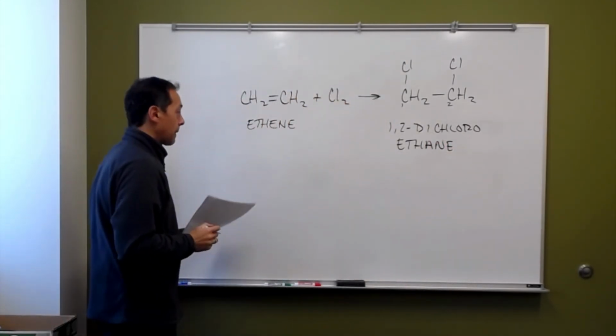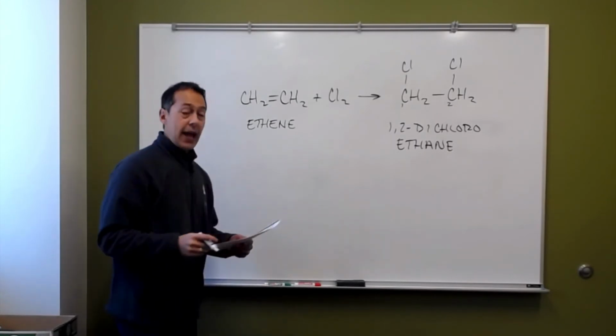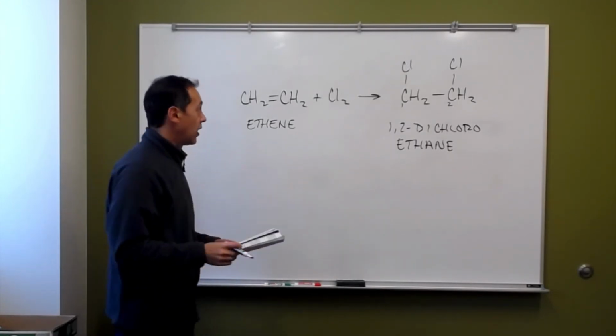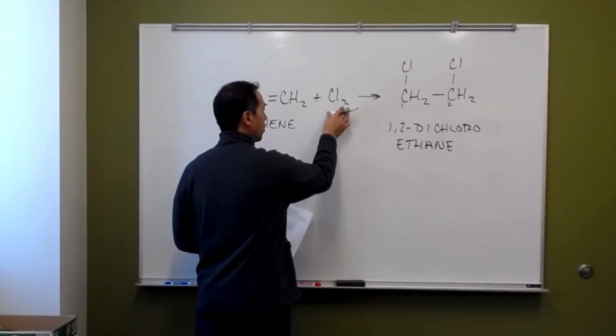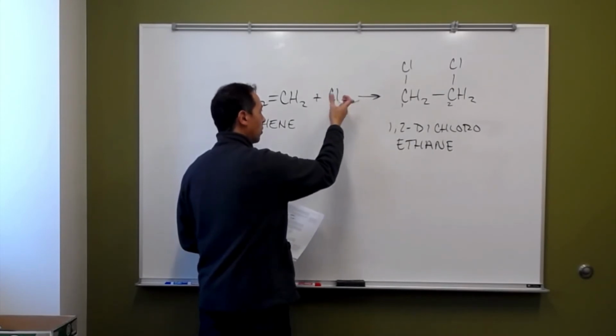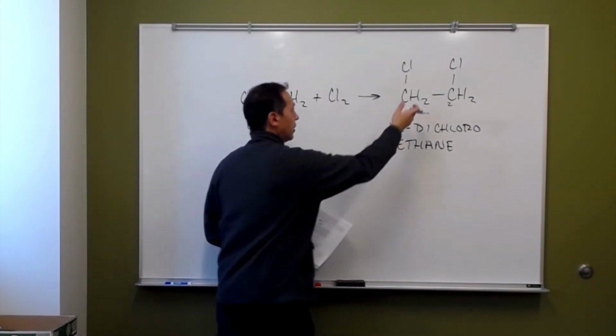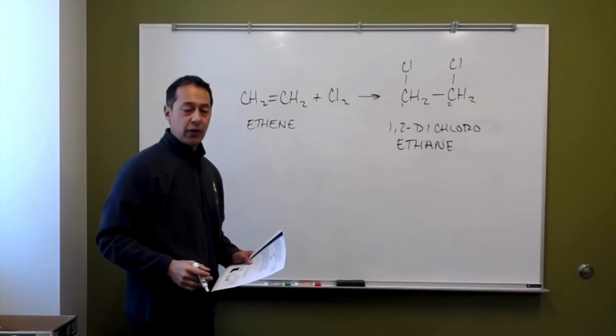Okay, so that is halogenation, adding a halogen, and it doesn't matter here if it's bromine or chlorine or iodine. You get the same kind of thing over there on the end.